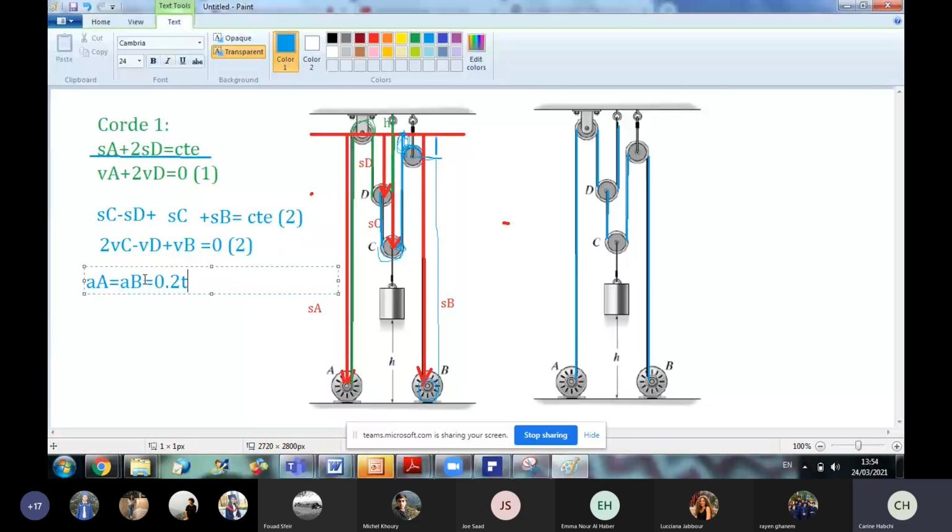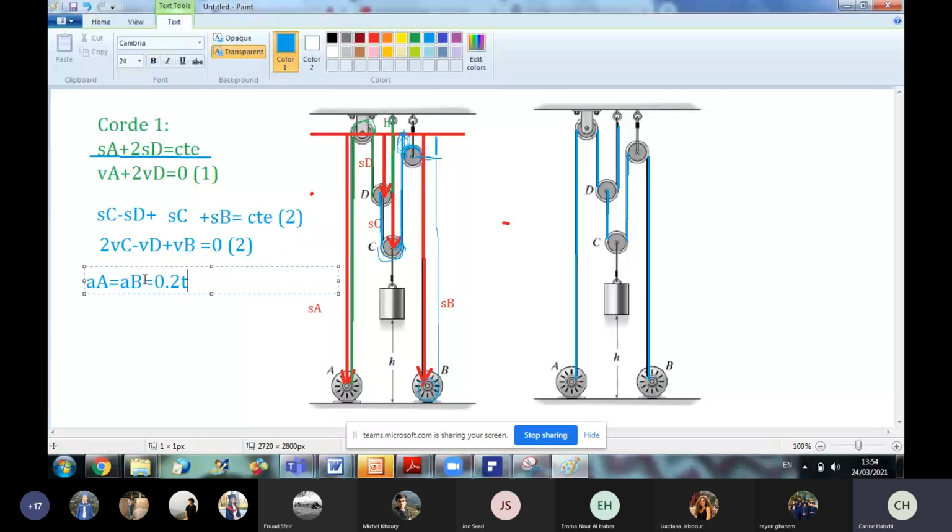The integration of this term is 0.1 t cube over 3. So now you know the values of delta SA and delta SB. And you know the relation between delta SA and delta SD, and also from this relation you have another equation.